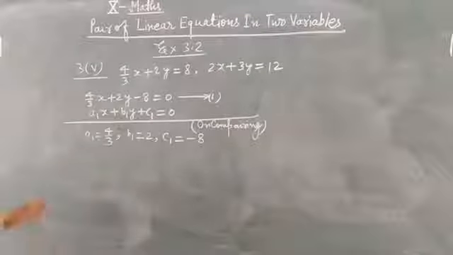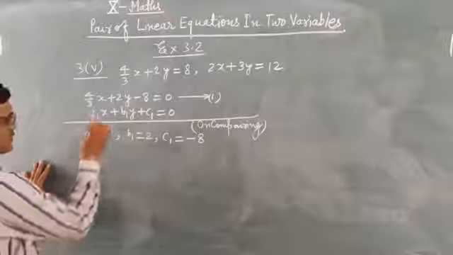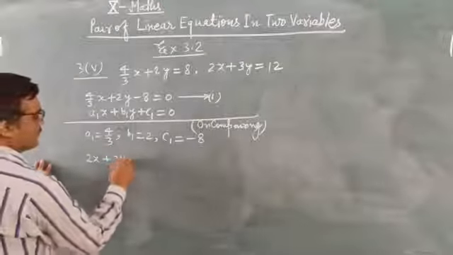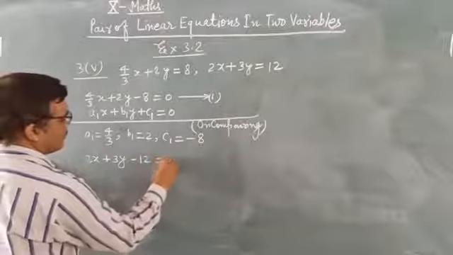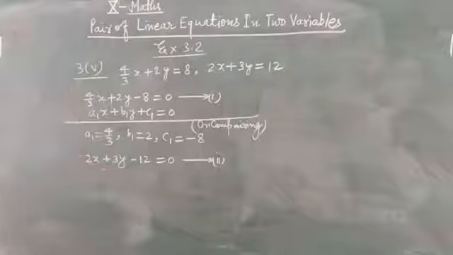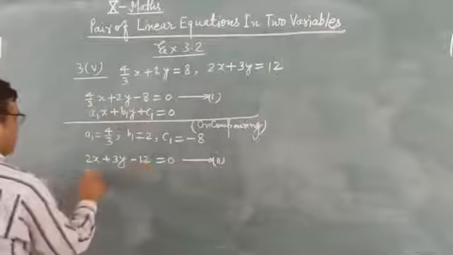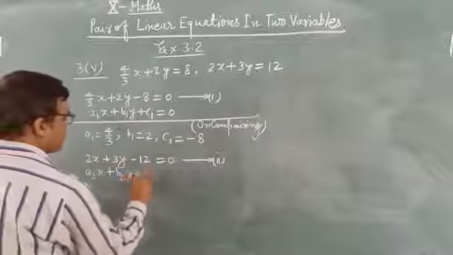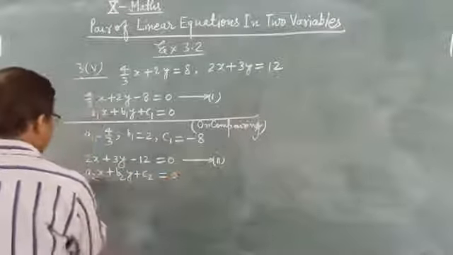Now we take the second equation, 2x plus 3y minus 12 equal to 0. This is the second linear equation in two variables. Now we compare this equation with a2x plus b2y plus c2 equal to 0.